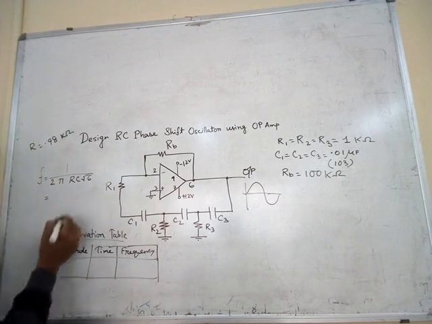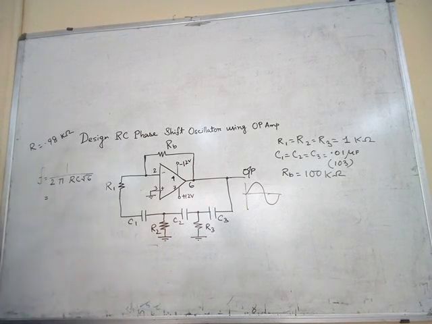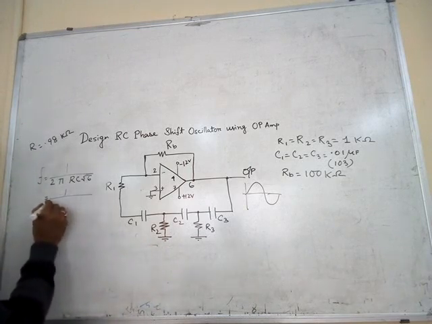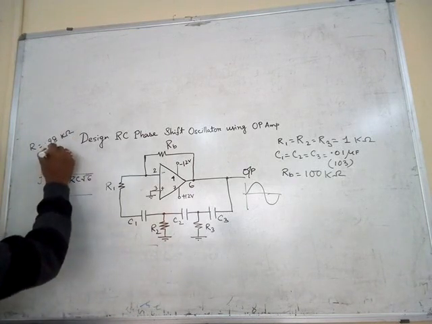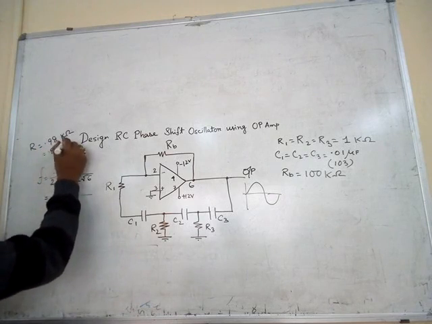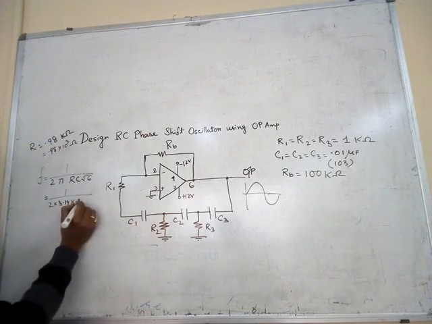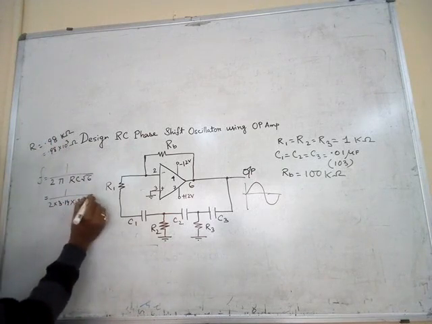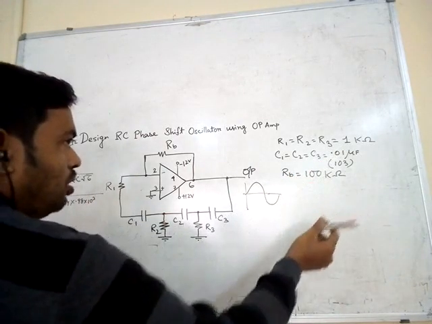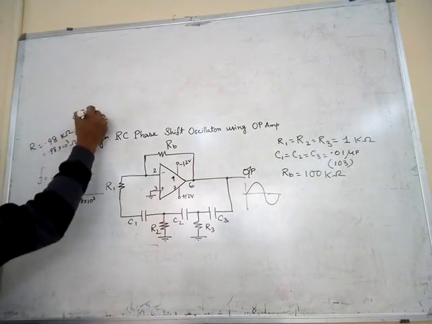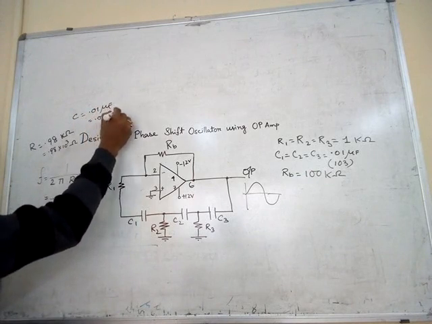So if we put the values, that will be 2 into 3.14, into R, that is 0.98 into 10 to the power 3 ohm, and the value of C equals 0.01 microfarad, that is 0.01 into 10 to the power minus 6 farad.